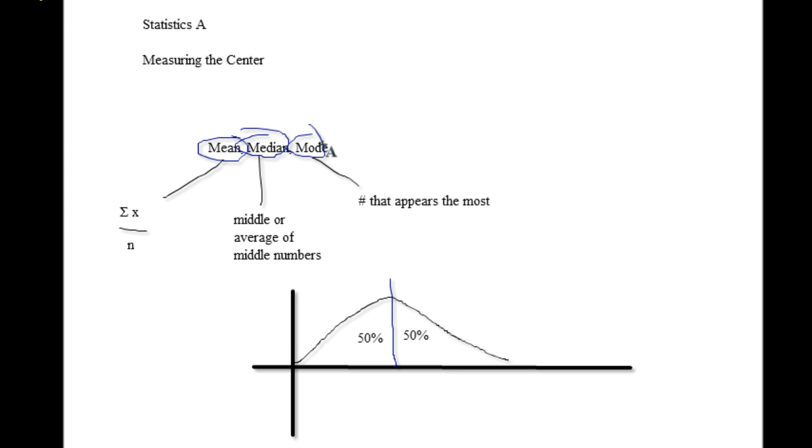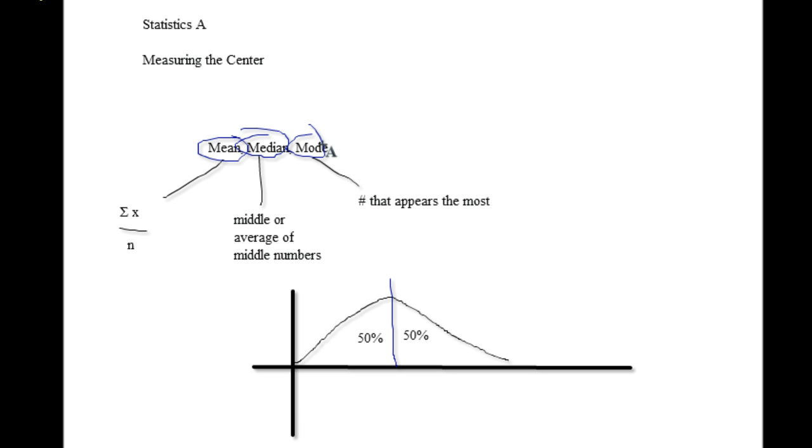So in other words, they're all equal. When you're measuring the center and you find something like that, pretty much drop the mic and walk away because you found a perfect situation. In statistics we call that normal. Well, it's not really normal, but that's just the term for it.